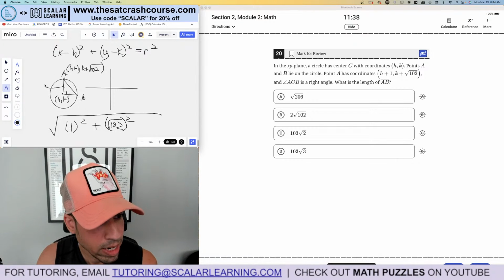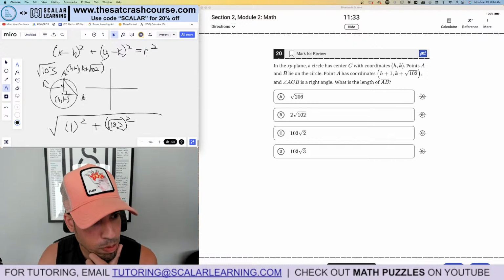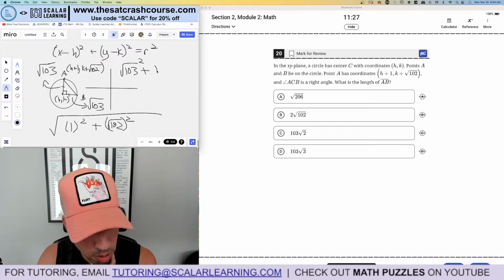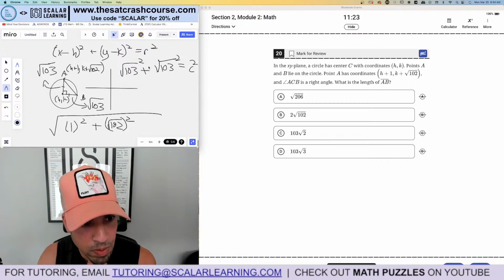So the radius is the square root of 103. Now use the Pythagorean theorem. This is also radius square root of 103. So square root of 103 squared plus square root of 103 squared equals c squared. That's 103 plus 103, which is 206, equals c squared. C is equal to the square root of 206.